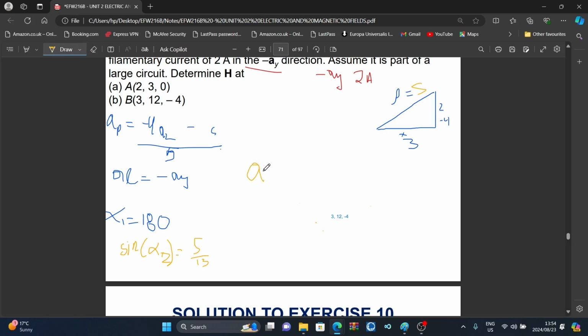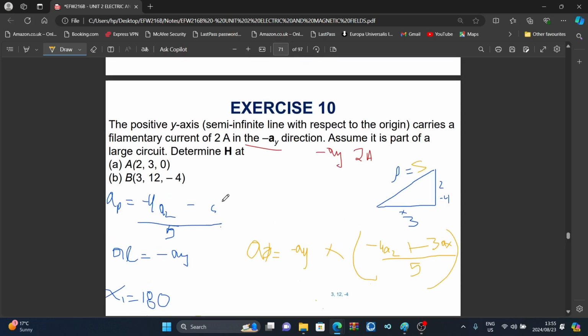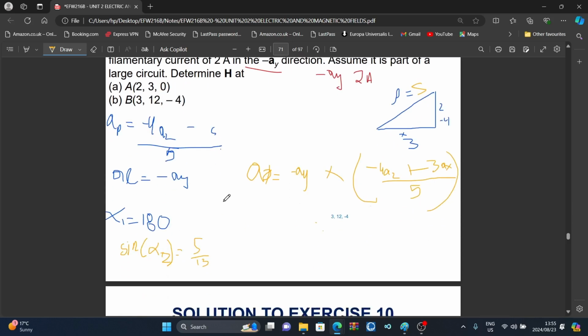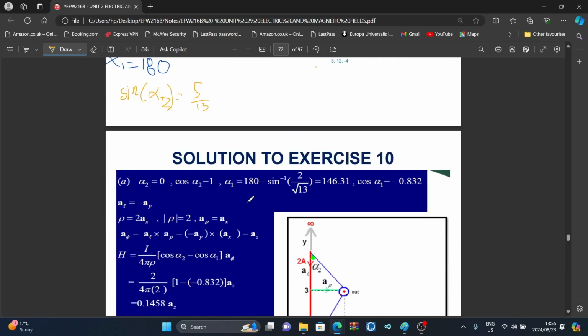So your a phi will be minus ay cross 4az plus 3ax over 5. So you find the cross product between them, and then that should work for you.